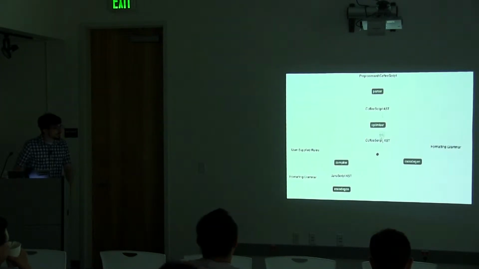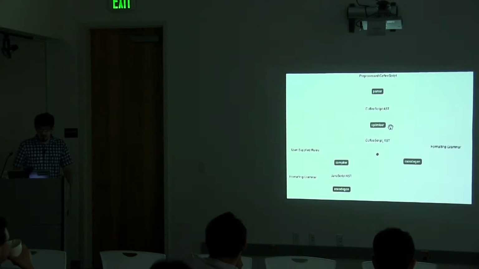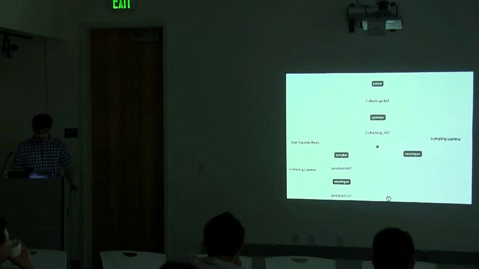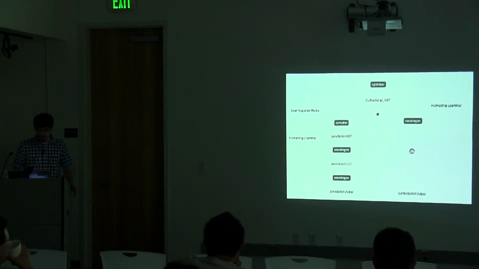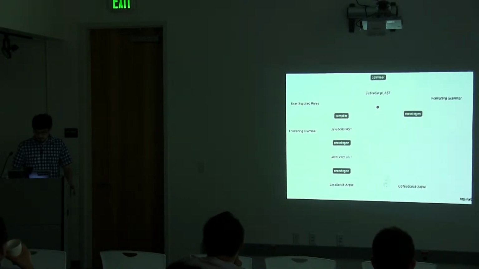This CoffeeScript AST can be run through an optimizer then and turned into a subset of those AST nodes that just represent the semantic parts of the language. Now this resultant AST is useful for a lot of different tools. One of the things we can do with it is just run it through something I've been working on called Codegen that just takes a CoffeeScript AST and outputs CoffeeScript code.